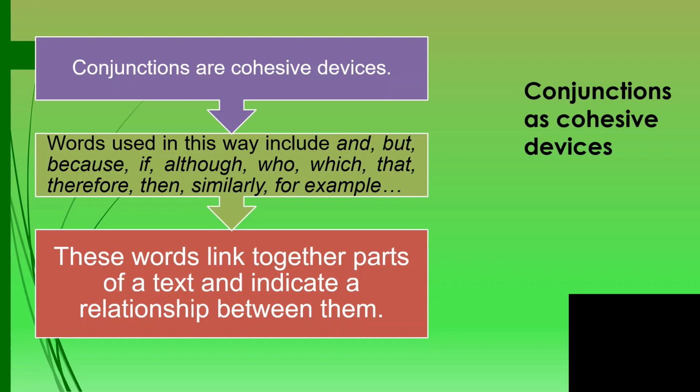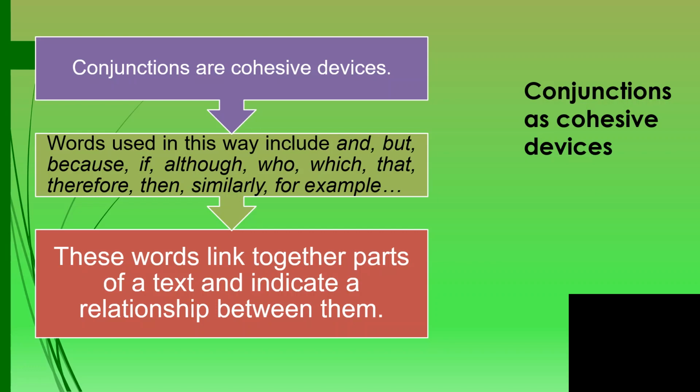So therefore means there is a cause and effect kind of connection. The same happens with then. Then can also show sequence, so that there was something mentioned before, a step, a stage, an event, and then there was another one. Similarly, or in contrast, for instance, are phrases that show that there is a strong connection between something that we're going to mention very soon and something that we have mentioned before.